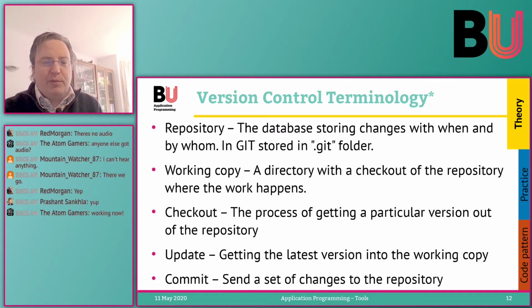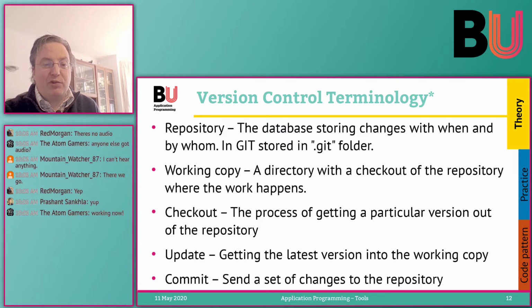Then there's a lot of terminology that you want to look at. And by the way, please make sure that you still look at the original slides. This is a summary, it's not everything. In version control, we have a repository that stores all the change information.